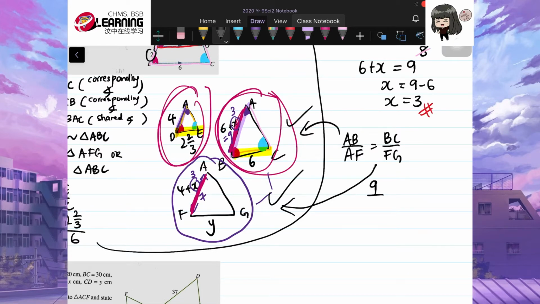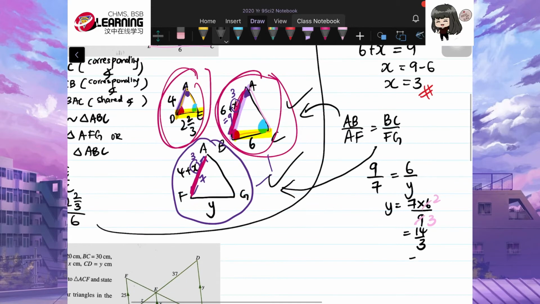AB is 9, AF is 7, my BC is 6 and FG is Y. So I can find my Y, right? Y equals 7 times 6 over 9. Then I simplify, which is 14 over 3, and it's 4 and 2 over 3 in mixed number. So your Y is this answer over here.